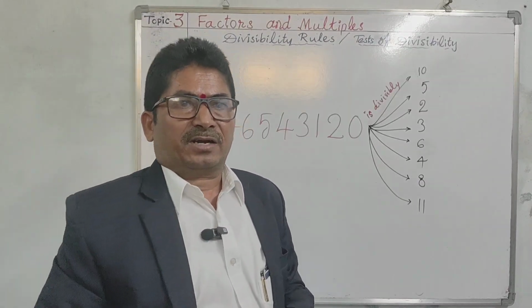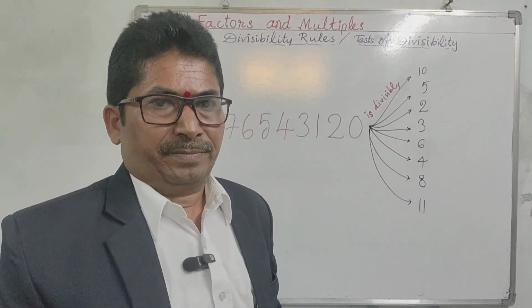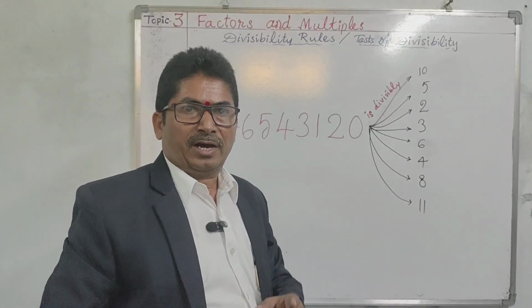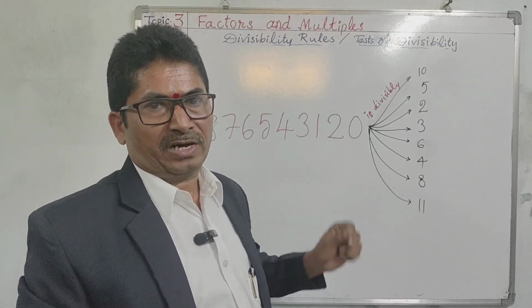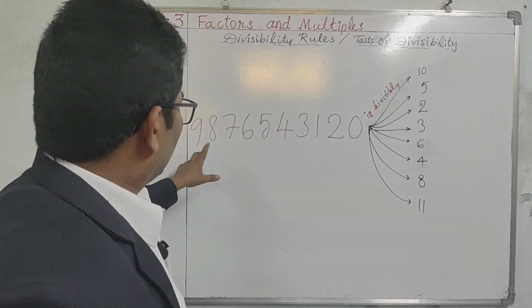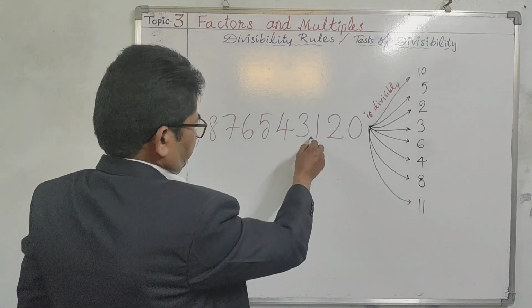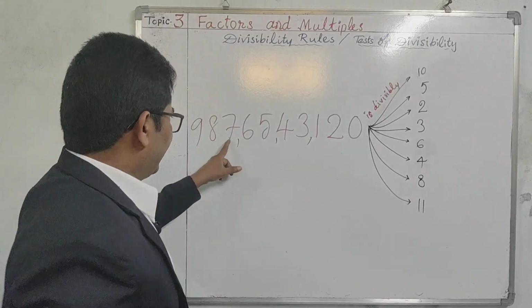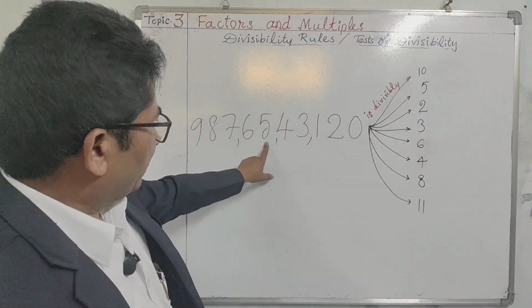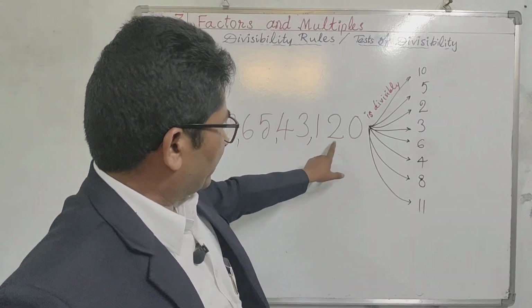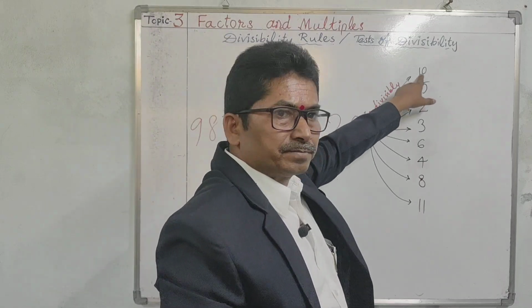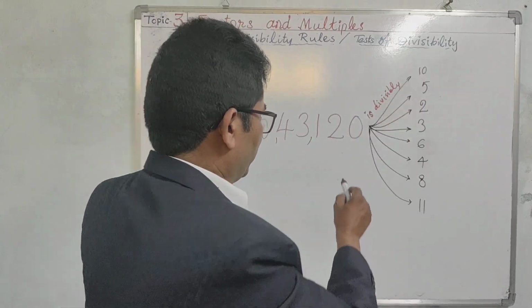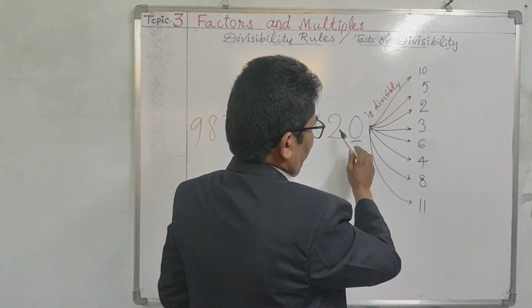At the beginning of the class, I gave you a challenging question. Have you solved it? If you have, you may check your answer. What is this number? 987 crore 65 lakh 43,120. Is this divisible by 10? Yes, here we have 0.